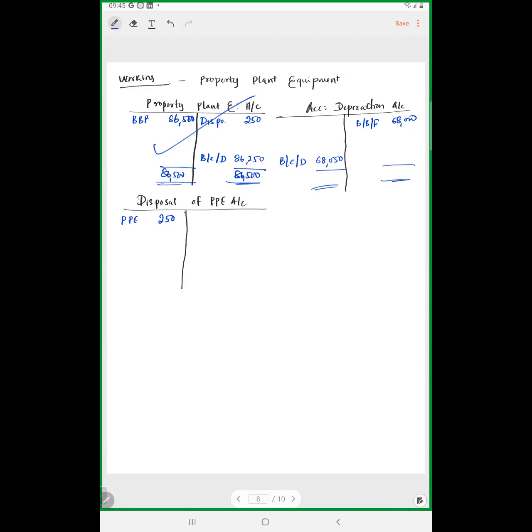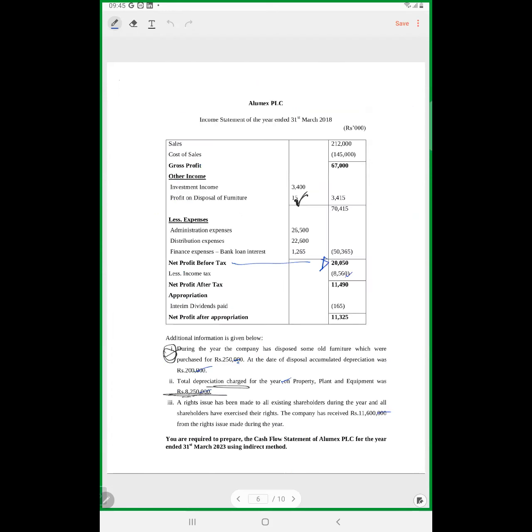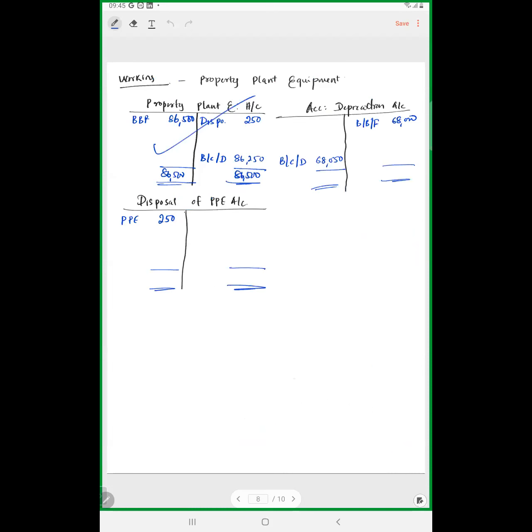So then when it comes to the disposal account, what happened there? At the date of disposal, accumulated depreciation was 200. It means you know that the accumulated depreciation for the particular asset, the property, plant and equipment, is 200. So what is the journal entry? Record that amount, 200. Accumulated depreciation account debit, disposal 200.